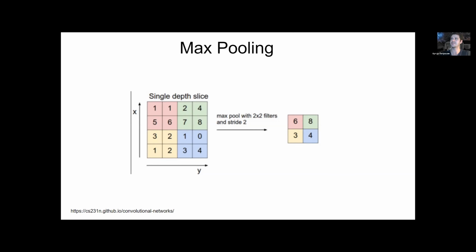You just need to reduce its size, and you apply mean pooling, where you take the mean of all the pixels from some square, or max pooling. Let's look at the example. We have a red square of size 2 by 2, and we take the maximum from it. It's a 6, and in our next reduced-size image, we write a 6 here, and we do this with all the squares of size 2 by 2 in the image, and finally we get a reduced image.